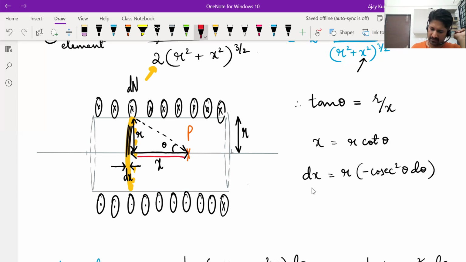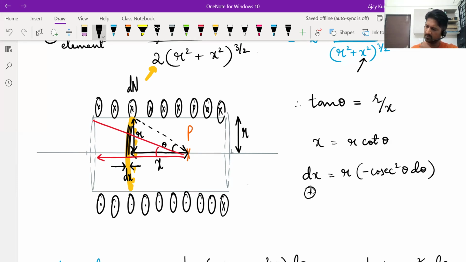If x increases, what happens to the angle theta? Does it decrease or increase? Decrease, sir. Okay, just a moment. We took x that way, dx is like this. So if x increases, theta has to decrease.